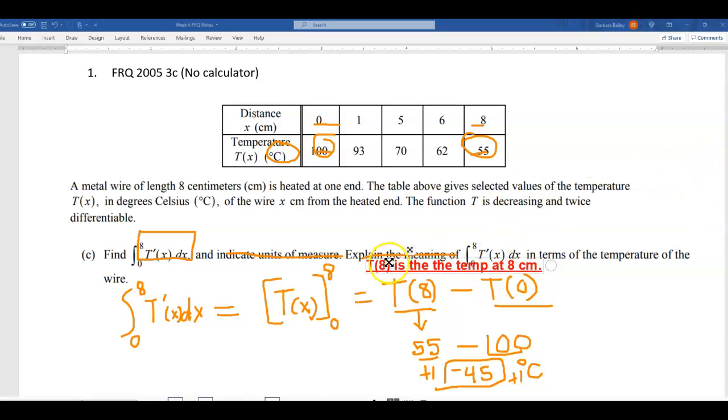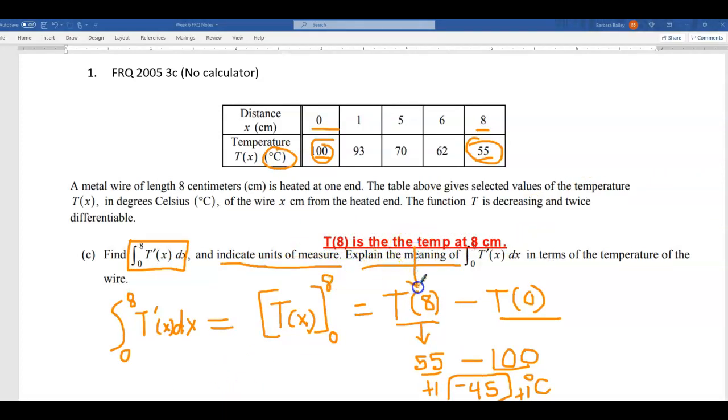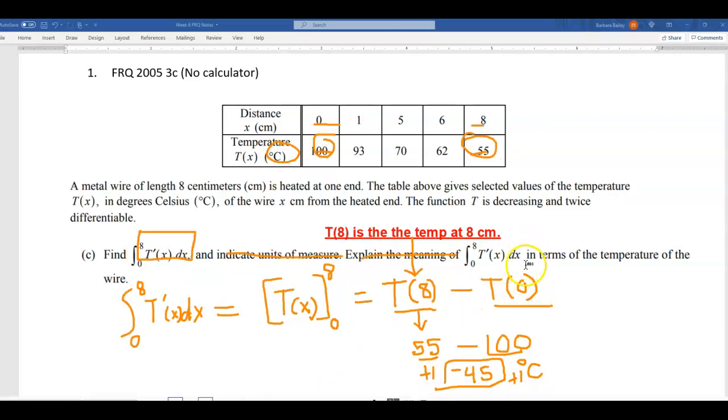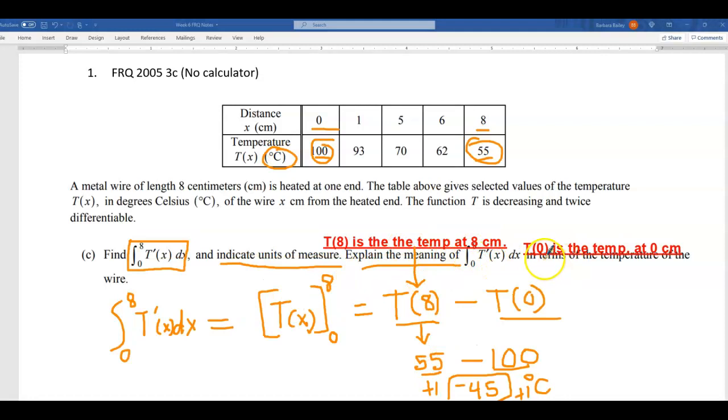So T of 8 is the temperature of the wire at a distance of 8 centimeters away from the heat source. Okay, so hopefully you guys understand what this is then, right? This one here, T of 0, is the temperature at 0 centimeters away from the heat source. Okay? So that's what each of these pieces mean.